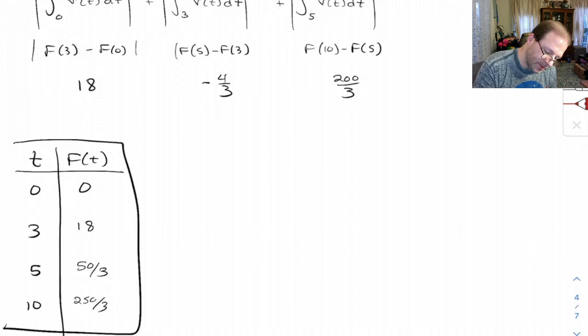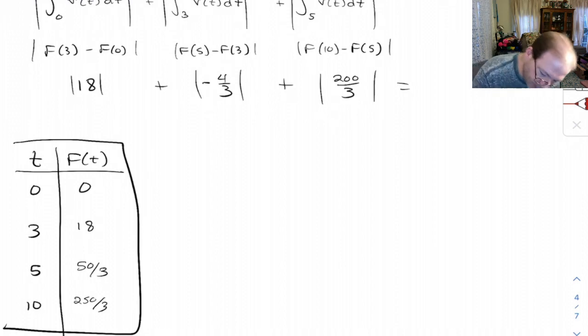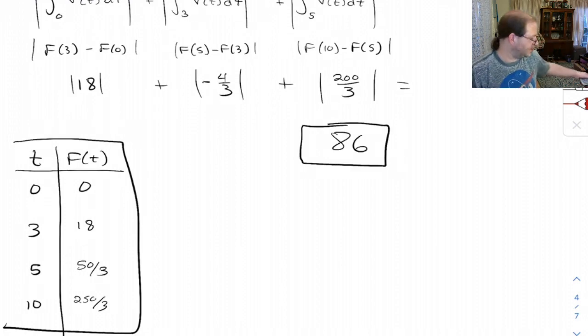And we're supposed to be taking the absolute value of all these things. So if I add these three up, that's 18 plus 4 over 3 plus 200 over 3, which gives me 86. So 86 is the total distance traveled.